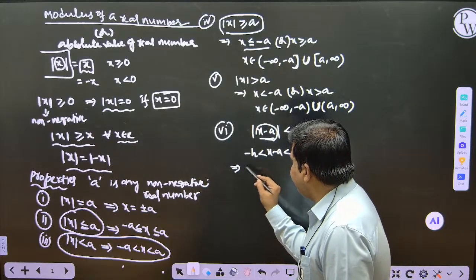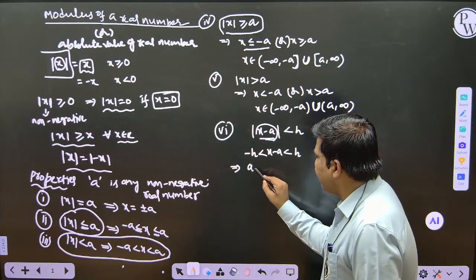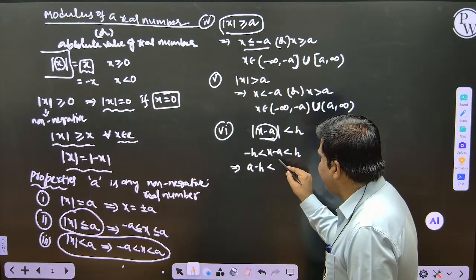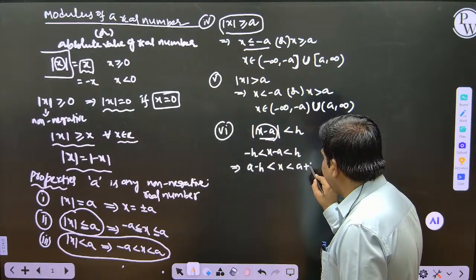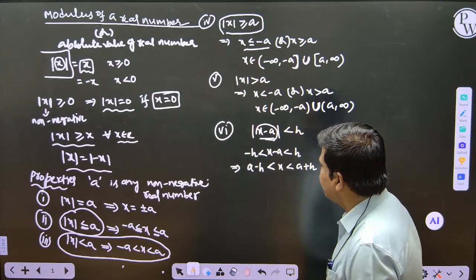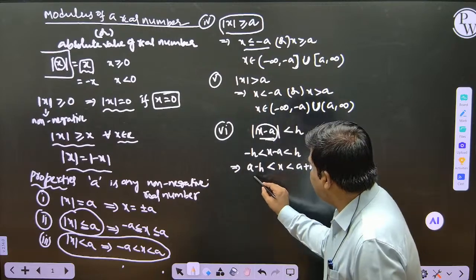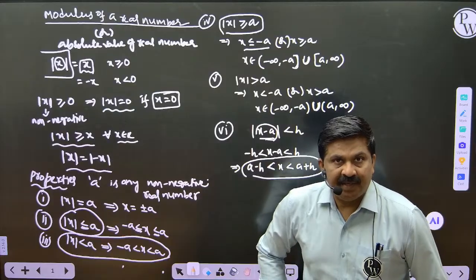Now add A on both sides. Then A minus h less than x less than A plus h.